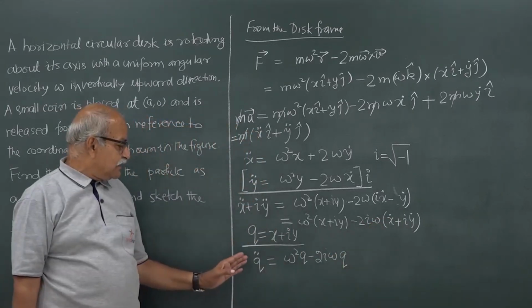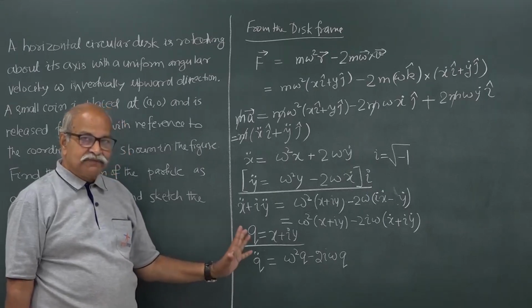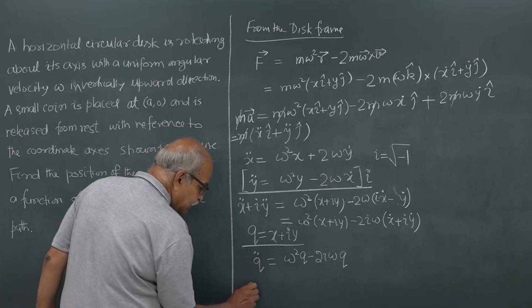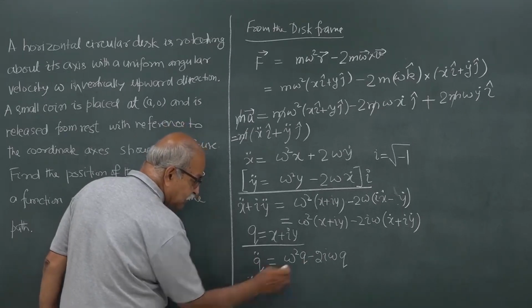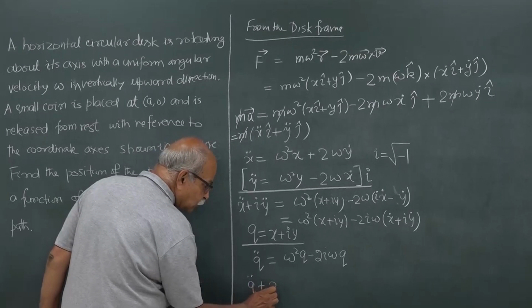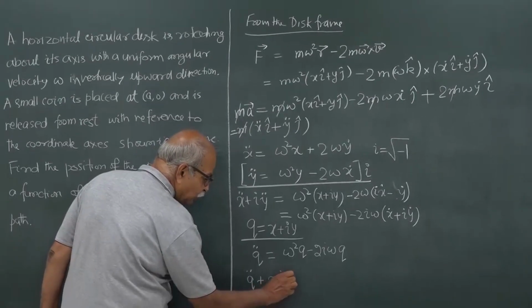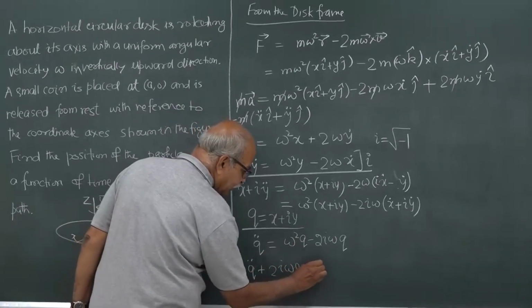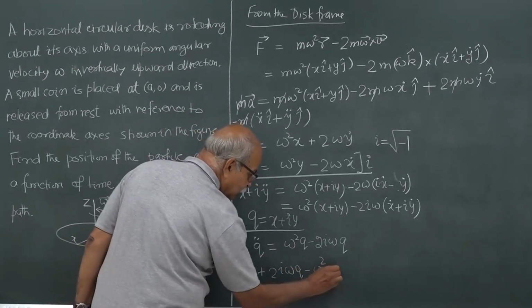So now I have an equation in q as a function of time. So I can bring this side: q double dot plus 2 i omega q dot minus omega square q equal to 0.